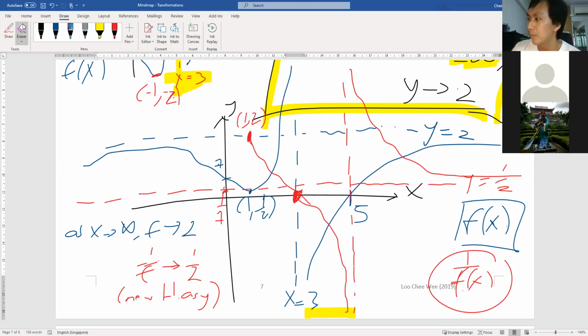So this one must be positive and increasing. Wait. You mean this portion, or the one on the right? Yep, this portion, the one that you just highlighted. The blue is positive and decreasing, right? So the red will be positive and increasing, right? Yep, that's right. But if you read this way, it's actually increasing. Oh, okay. Yeah, you must read from left to right, not right to left.